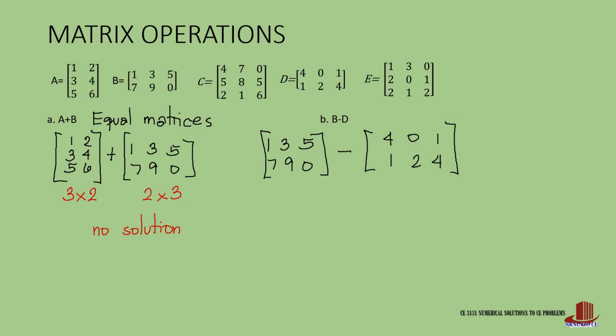Checking on their size, we would find matrix B as having 2 by 3, and matrix D also has a 2 by 3 matrix. Now, we can work with our subtraction because they are equal matrices.